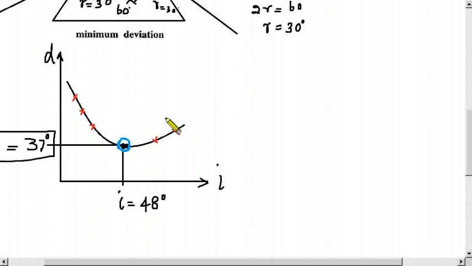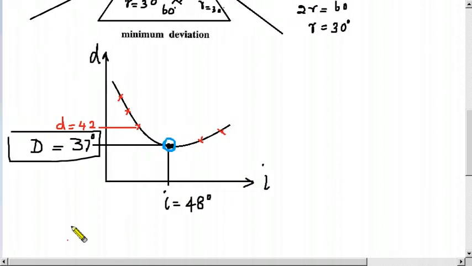They have d values like this, say this one, something higher than 37, say 42. That is a simple d value, that is not a capital D. Capital D is the minimum value we call capital D.